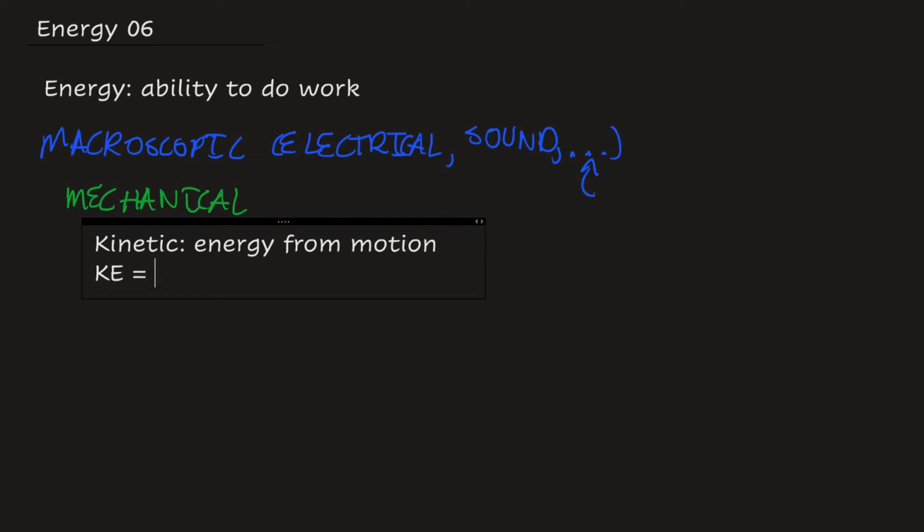Described by the equation, kinetic energy is equal to 1/2 times the mass times the velocity squared for that system or body.